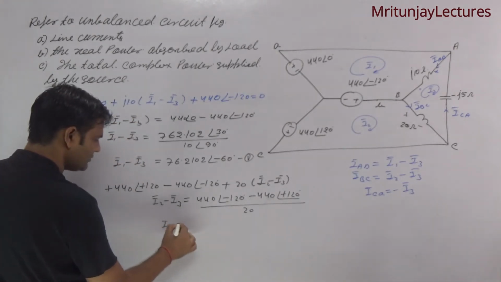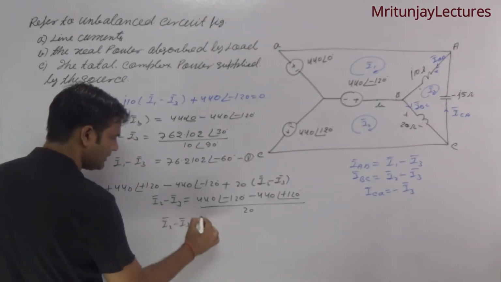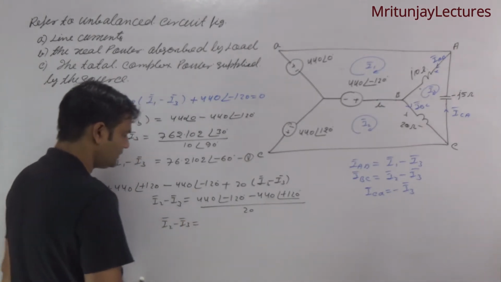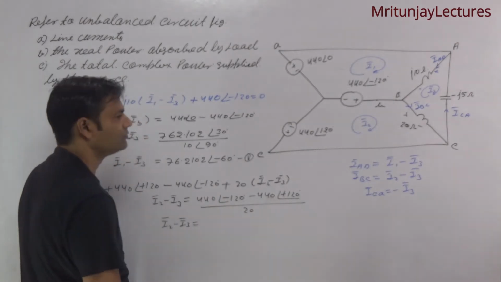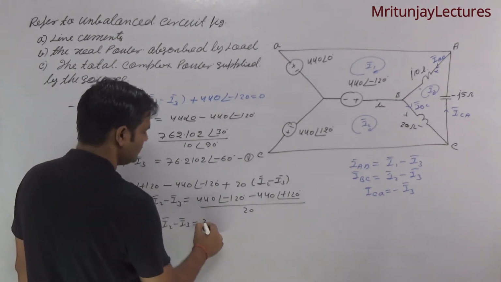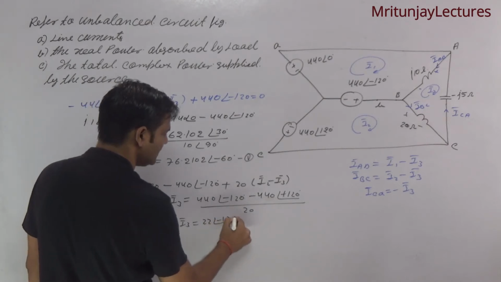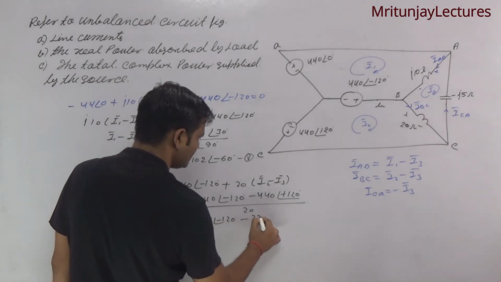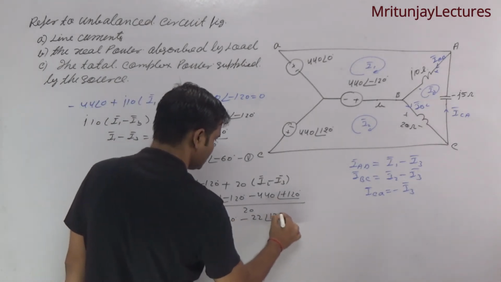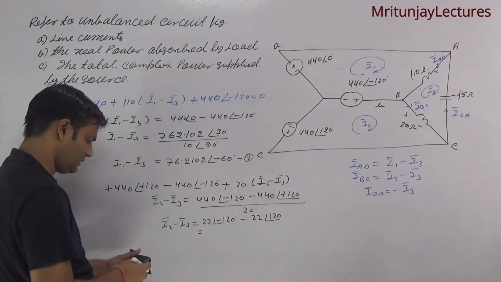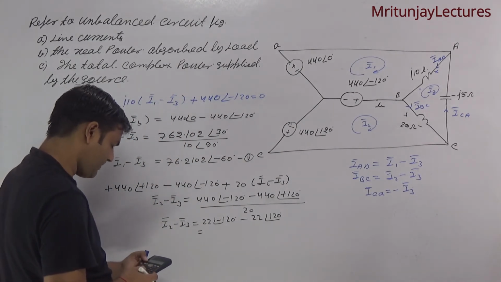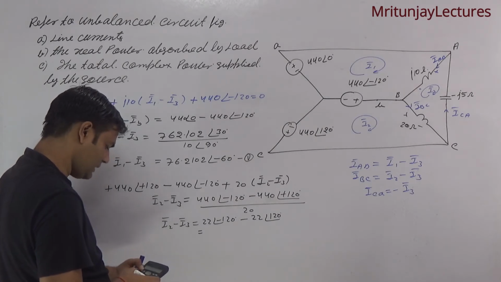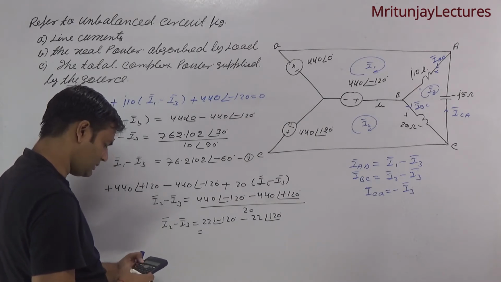So I2 minus I3 is 22 at the angle minus 120 minus 22 at the angle plus 120.